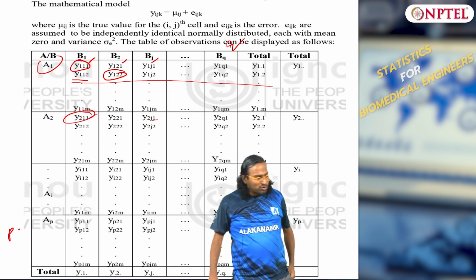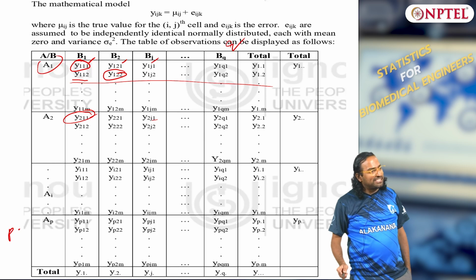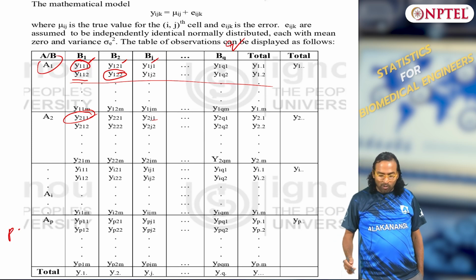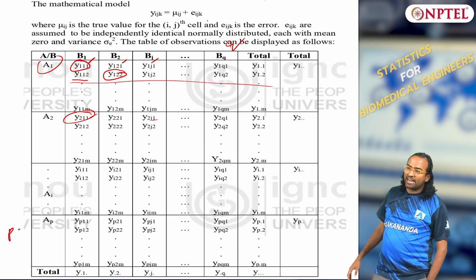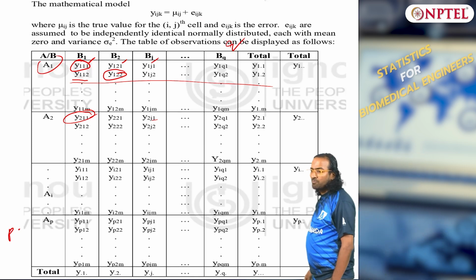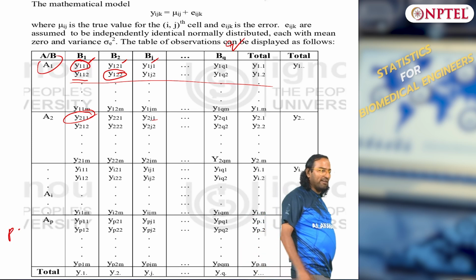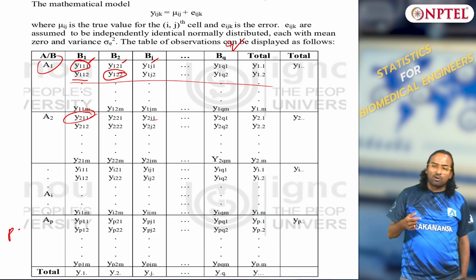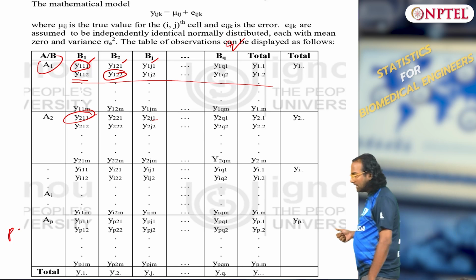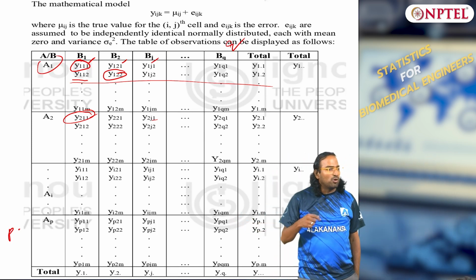So your model is going to be Yijk equals mu ij plus epsilon ijk. Why did I write mu ij and not mu ijk? Yijk is my output for the ith row, jth column, kth replication, and it is mu ij plus epsilon ijk.